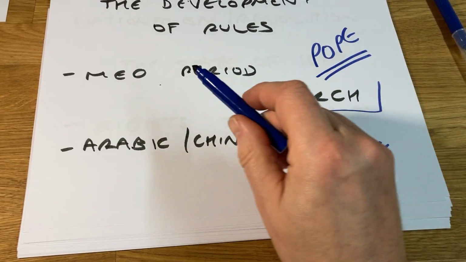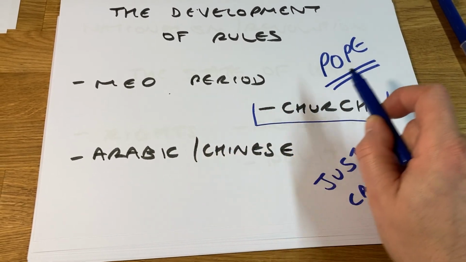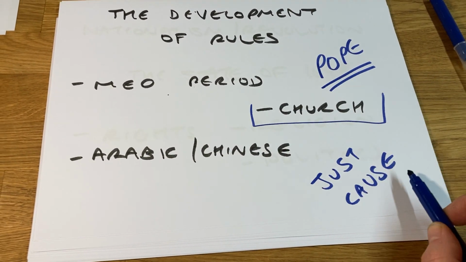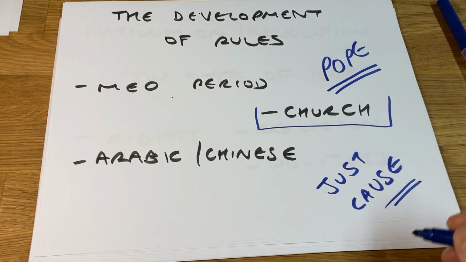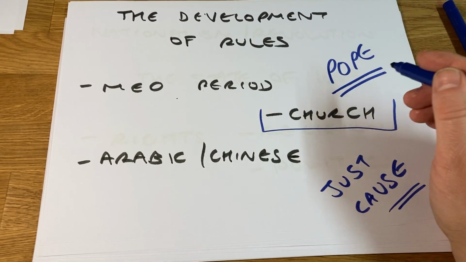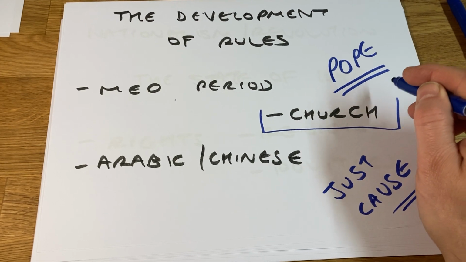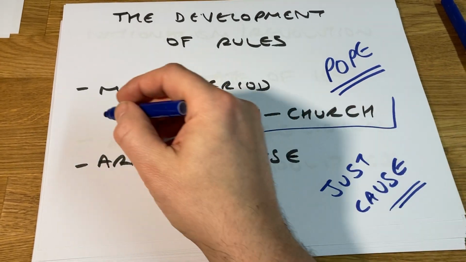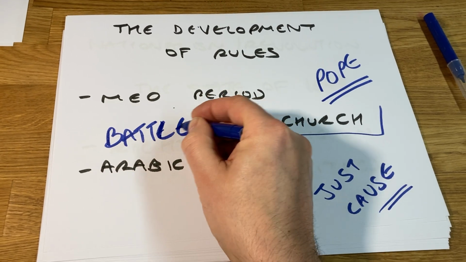Now, that might be that one of your rivals is a Protestant kingdom. The Pope has given you permission to attack that kingdom. You have just cause. It might be a dispute between two barons. The Pope, the Catholic Church, has given you permission because your cause is right, and you are going to settle the affair in battle.